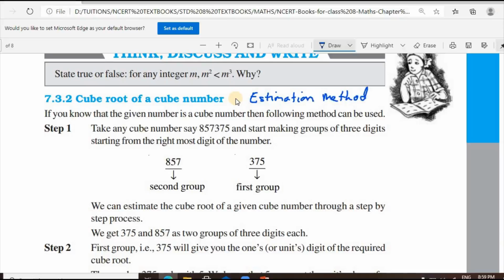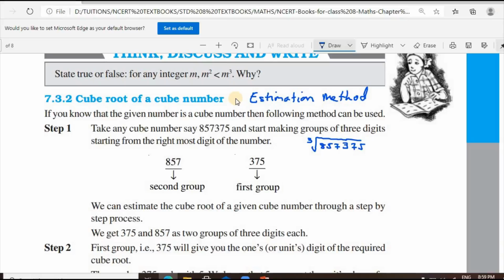Okay, so suppose we are given 857375, this number, and they say find out the cube root of 857375. So let's find the cube root of this number.